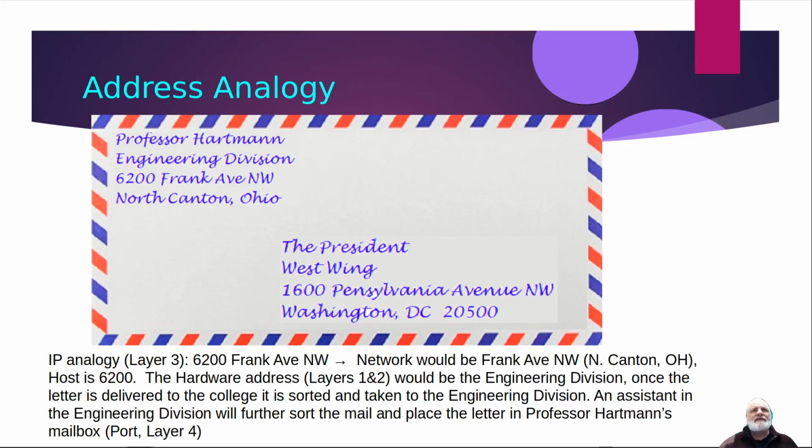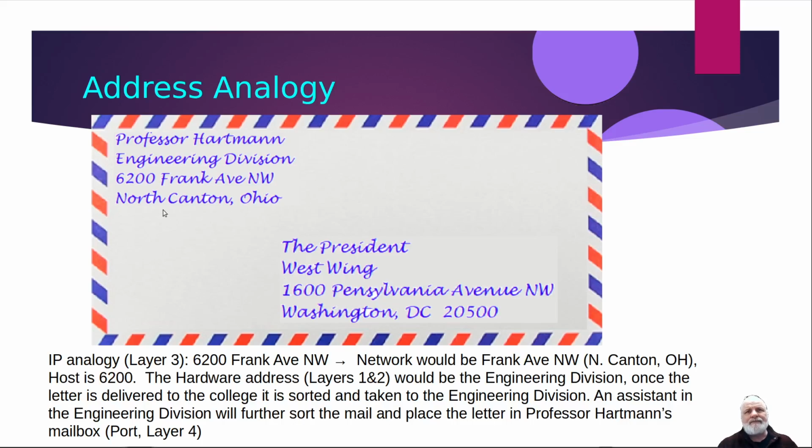All right, so let's go back to this letter then. When you look at this letter and you look at the addressing, there are multiple layers of addressing. This shows the multiple layers of the OSI or TCP/IP models that we just looked at.